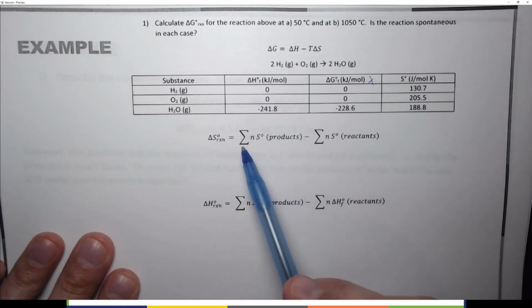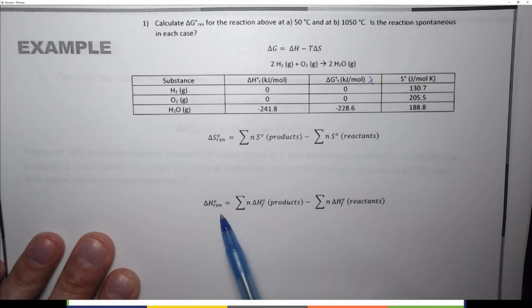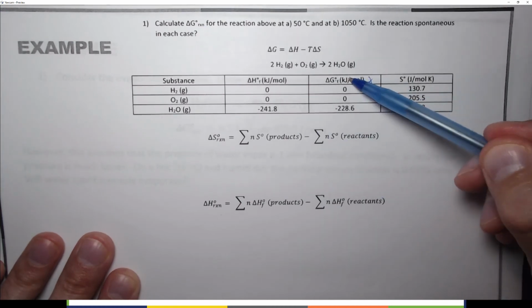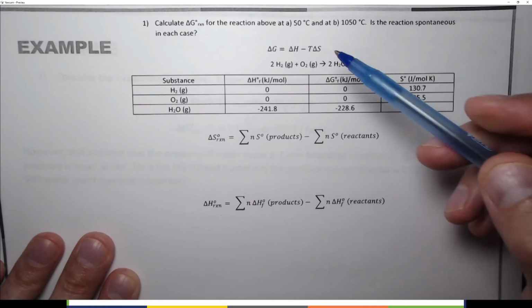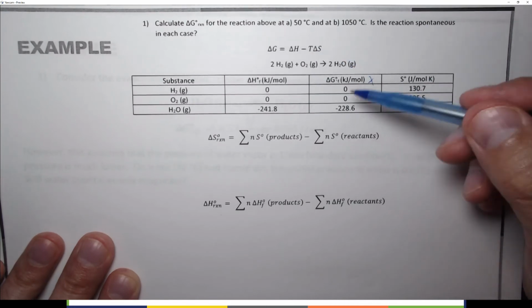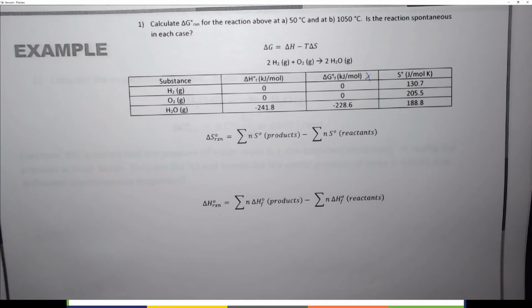So in order to do that, we need to find the S and the H of the reaction. The general idea here is that these do not have as big of a temperature effect as this one does, which is not surprising because this has temperature in the equation. Now, whether or not they have zero temperature effect, I honestly couldn't answer that question without doing some research.